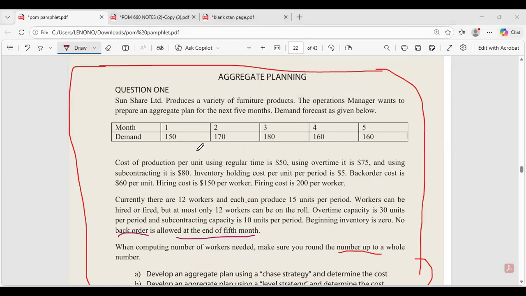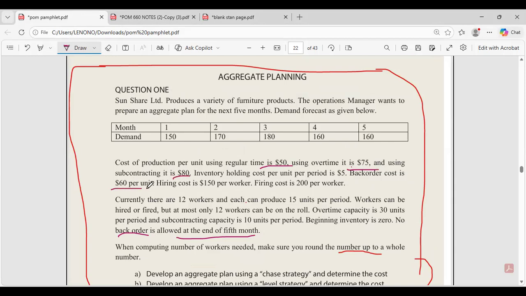So we can see the demand that we have here. The regular production is $50, overtime is 25, subcontracting is 80, and back order is 60, for example. We've seen the units, right?